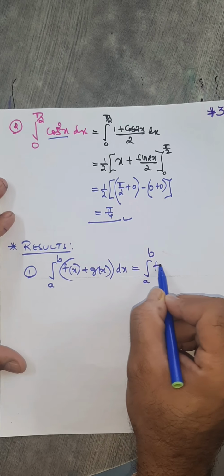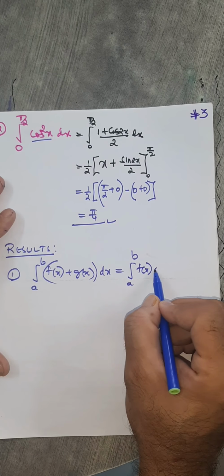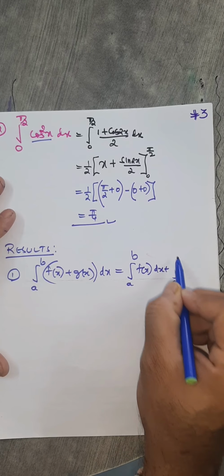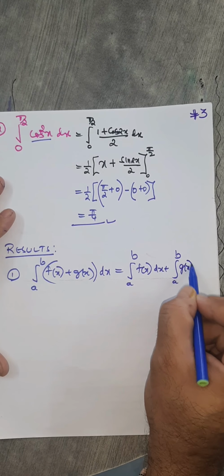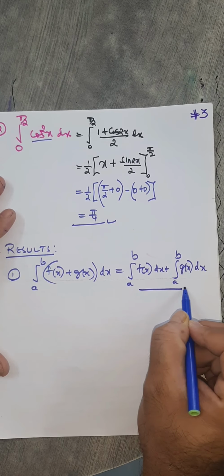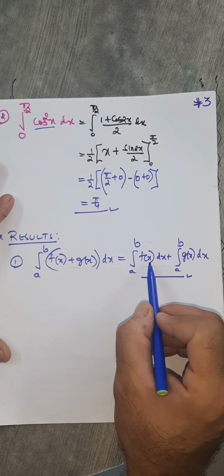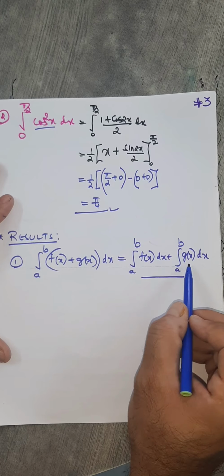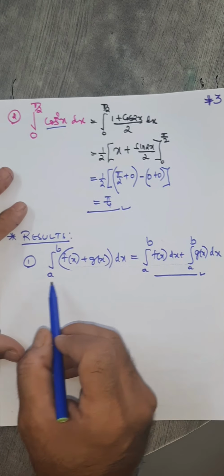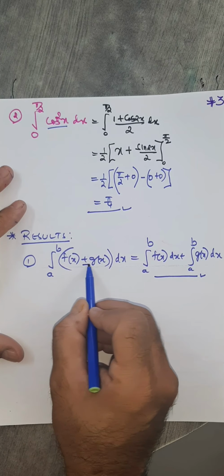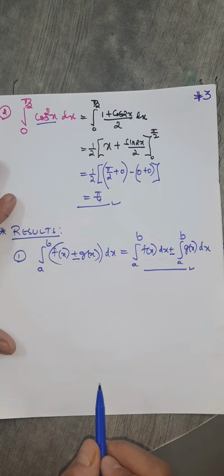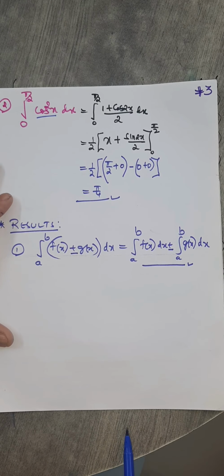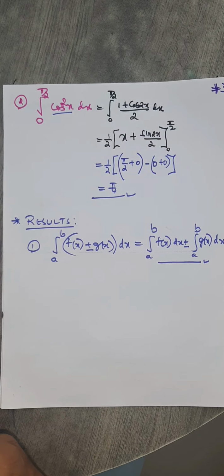So integral a to b f(x) plus g(x) dx is integral a to b f(x) dx plus integral a to b g(x) dx. You can split into two integrals if you have addition. Same way, if you have subtraction, again you can consider it as two integrals, remember.